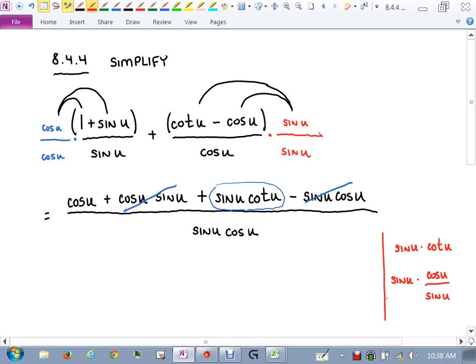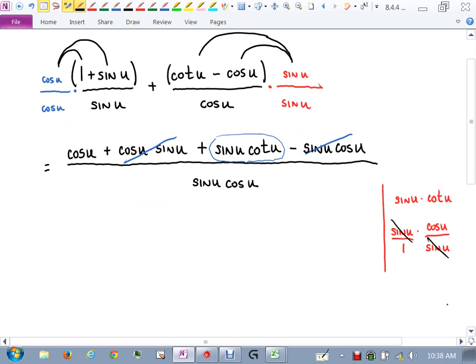And that first sine u is really like a sine of u over 1, isn't it? So what can you do here? You can cancel the sine u. These cancel each other out. And all that leaves you with is what? Cosine u. So this thing that I circled is just really a cosine u. It's just kind of hidden, but that's all it is.